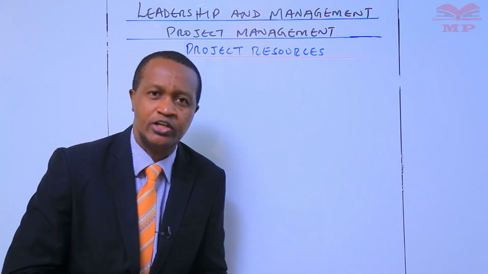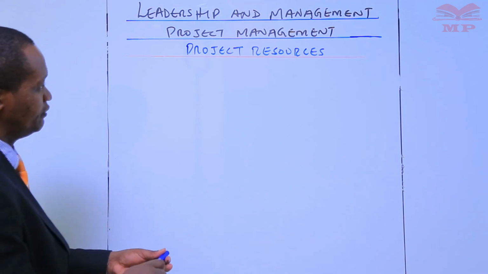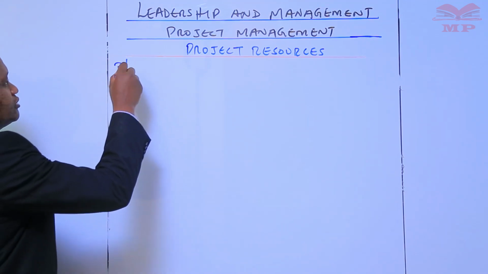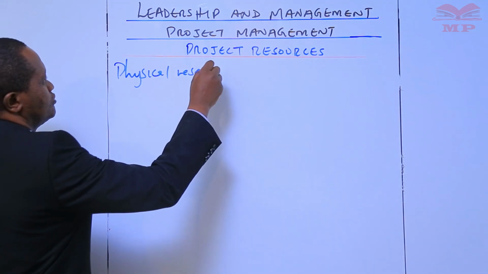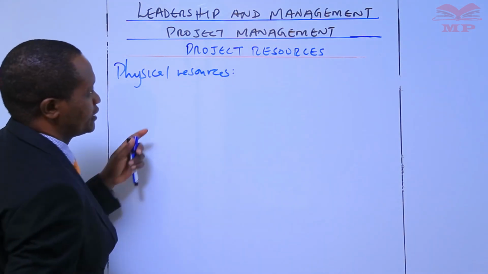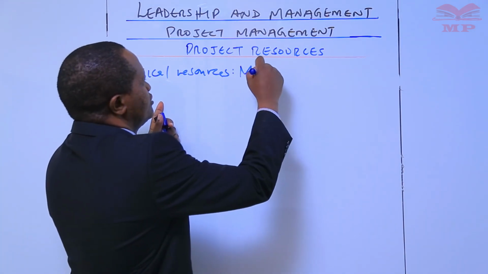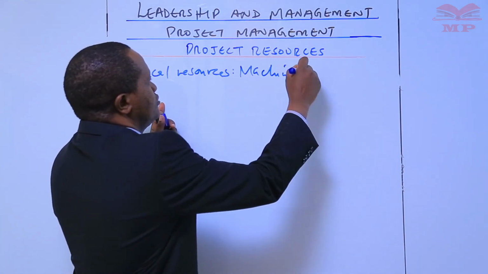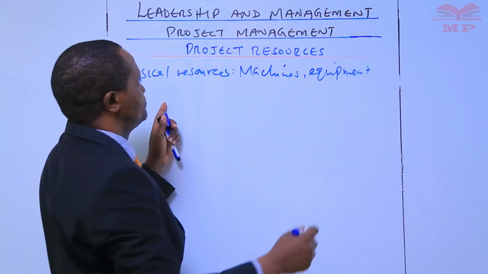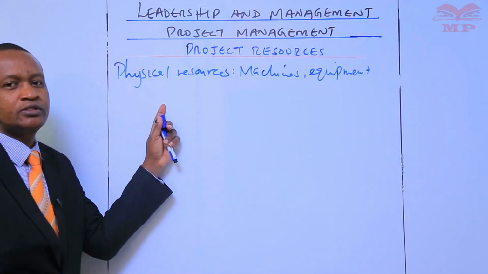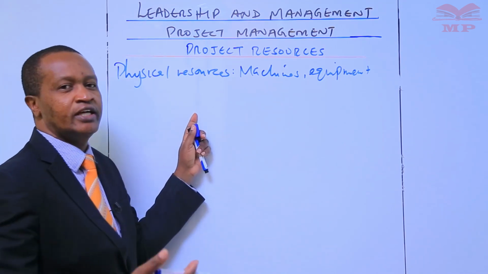We have physical resources. These are things like equipment, machines, raw materials, facilities, infrastructure, and so on.